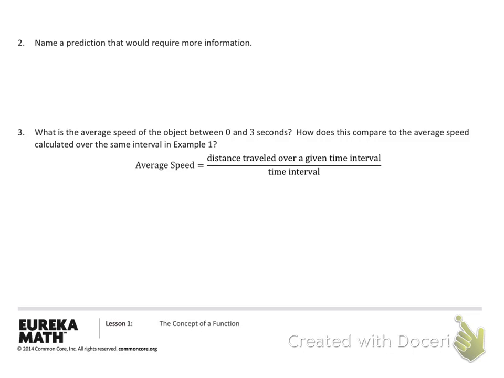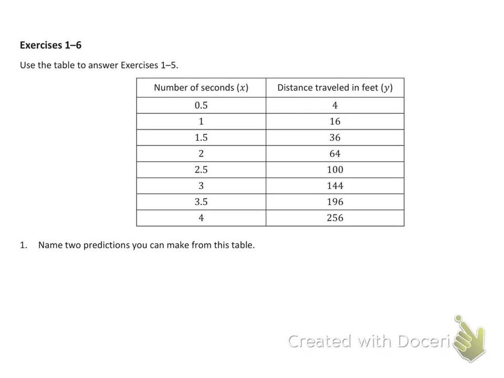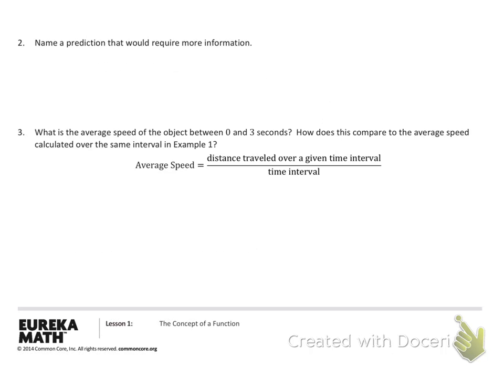And for predictions that would require more information, it might be, at 0.25 seconds, how far has the stone traveled in the first quarter of a second? Our table doesn't give us that information, and we've found that our methods for predicting that are unreliable because this doesn't appear to be a linear model. Okay, so predictions that we can and can't make.